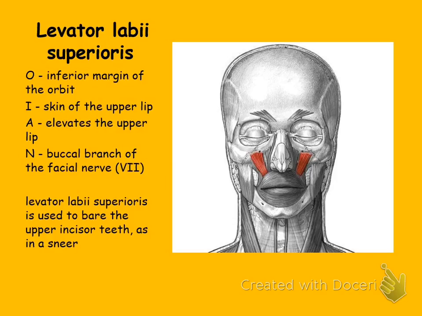It originates on the inferior margin of the orbit, right about the area where your infraorbital foramen is. And then it inserts on the skin of the upper lip. So this gives you the sneer, so you can lift your lip up. Making funny faces by doing that. The buccal branch of the facial nerve again.